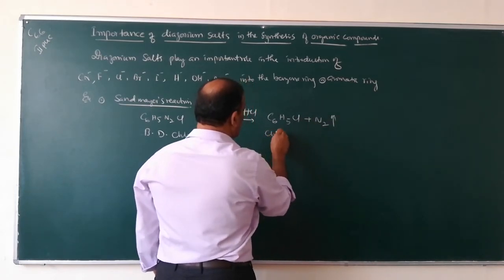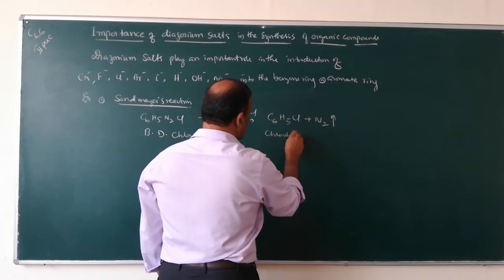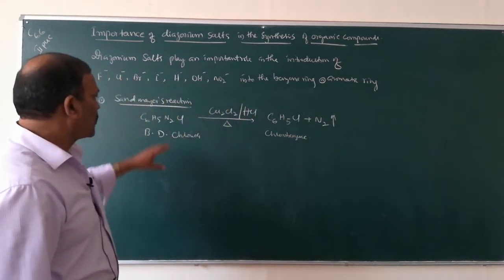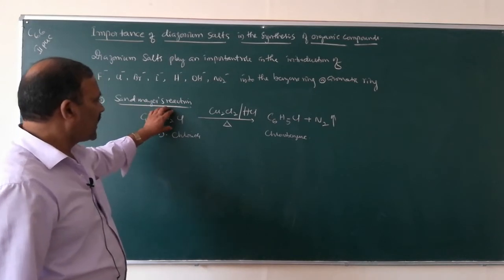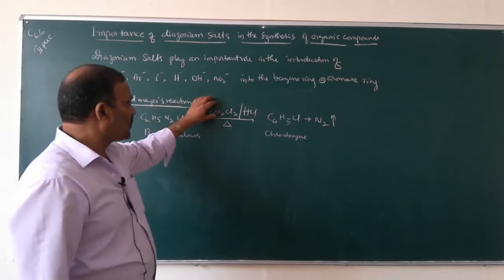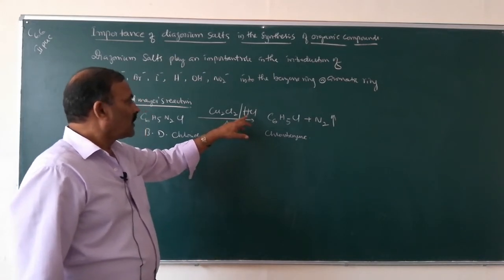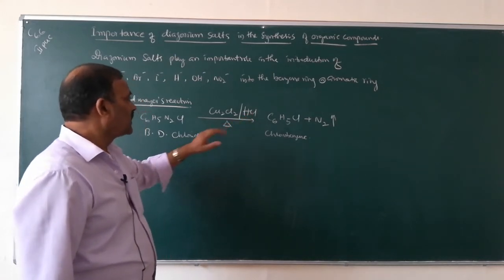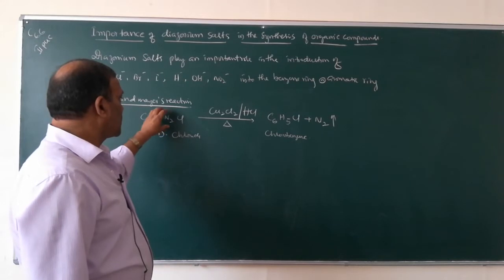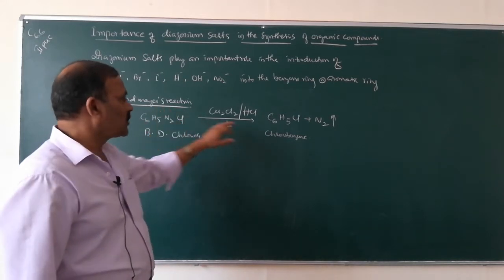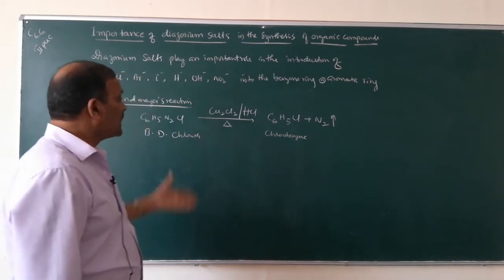So you will get chlorobenzene. So when benzene diazonium chloride is heated with cuprous chloride in presence of hydrogen chloride, N2 goes out and Cl is directly linked to the benzene ring.